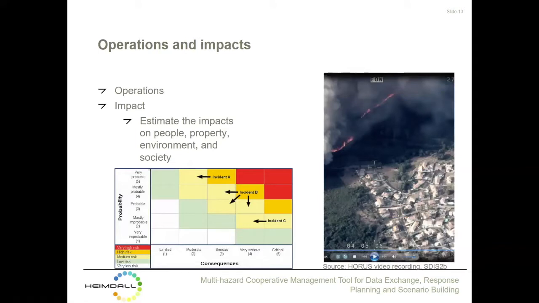For impact, to analyze the impact, HEIMDALL will use the risk matrix provided by the partner FBBR, which is a diagram composed of 2 dimensions, probability and consequences, which can be used to give an overview of various risk impacts and their evolution over time, depending on the variation of the consequences or the probability of the impacts.